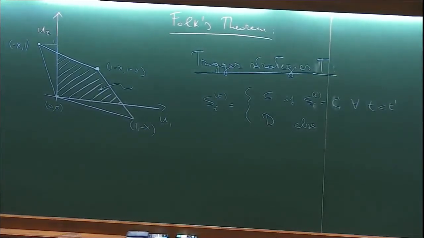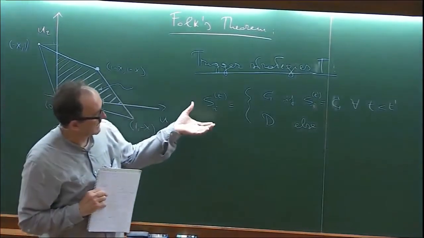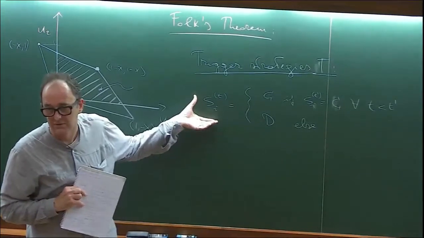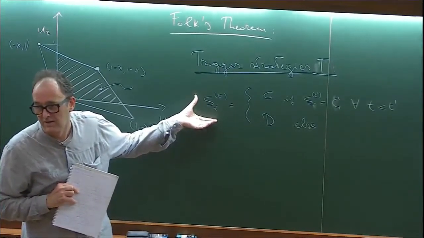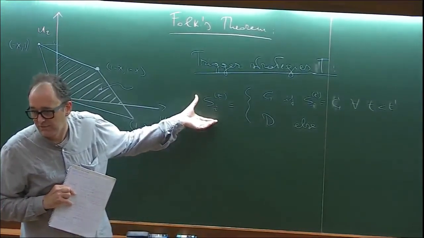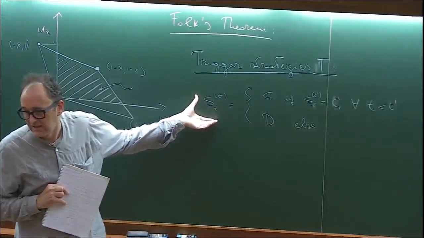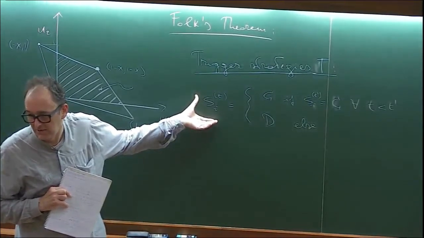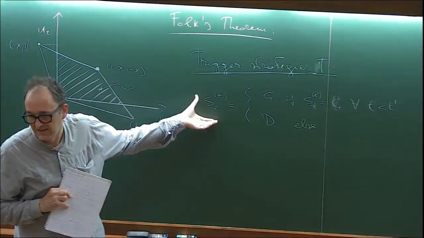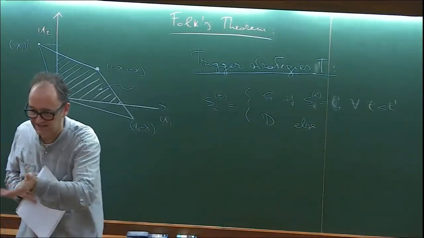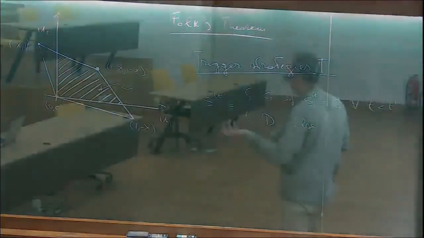And what the other opponent has to check is whether this is a best response of agent 1. If it is a best response of agent 1, then the deal that he's proposing is a credible one.